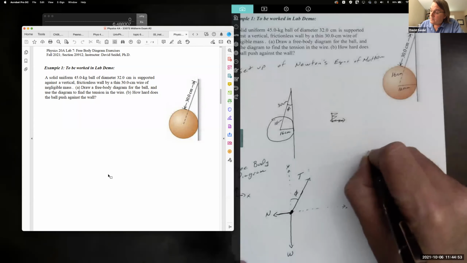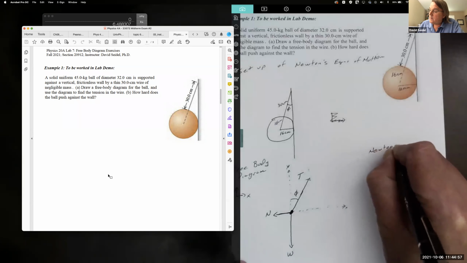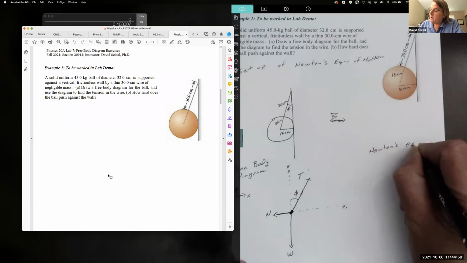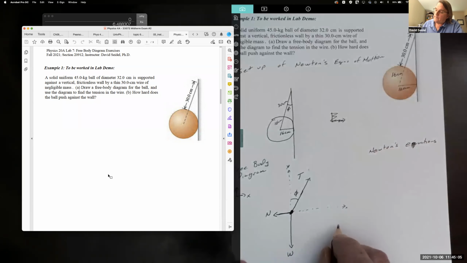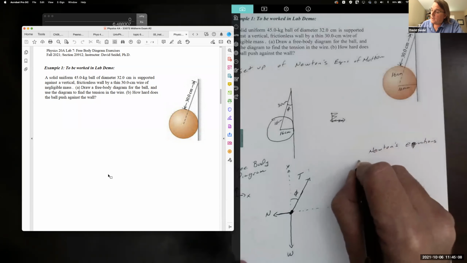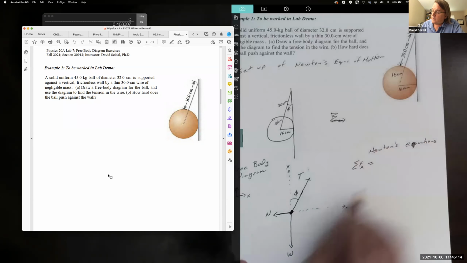Now, Newton's equations. Okay, my sum of my forces in the X direction. Well, this is my positive X to the right.